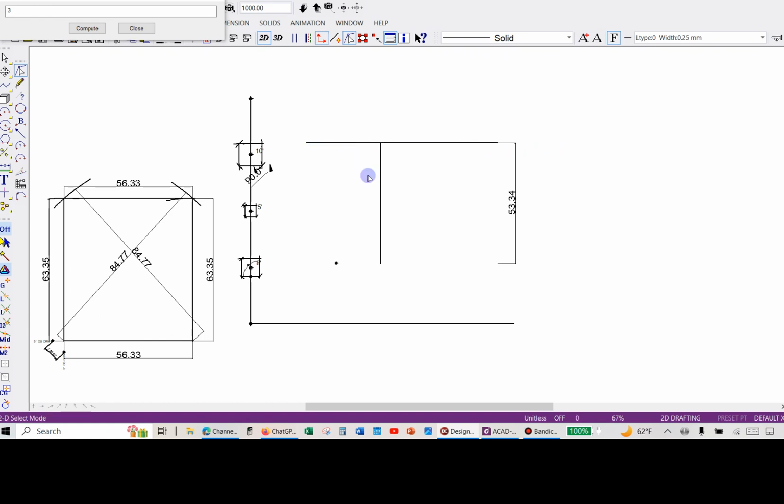So you don't have this, you have this only. This is your baseline, and from this point you need to go 70 degrees. So you don't have anything else, right?